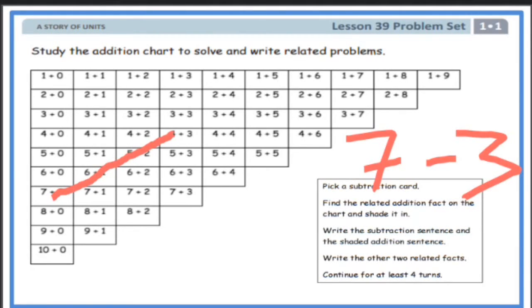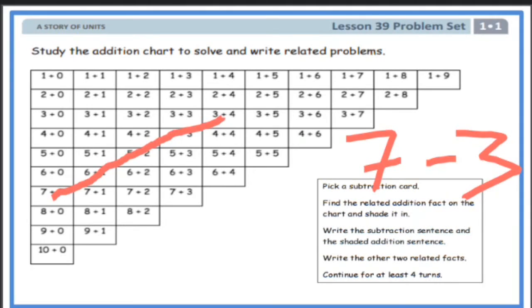You see that? 7 minus 3 gave us what? 4. So that means the 3 and the 4, or the 4 and the 3 are making what? 7. So that's the related addition fact. So what's the answer? 4 plus 3, or you can even say 3 plus 4. They are the same thing.